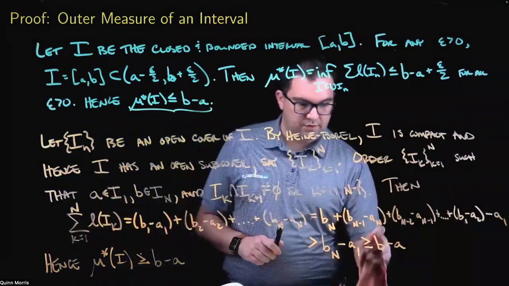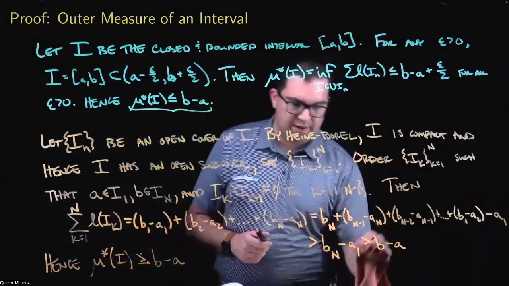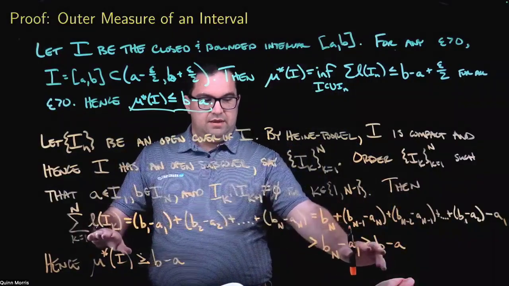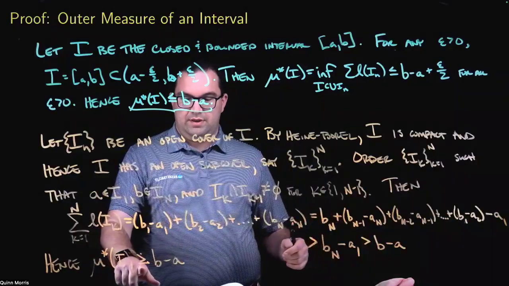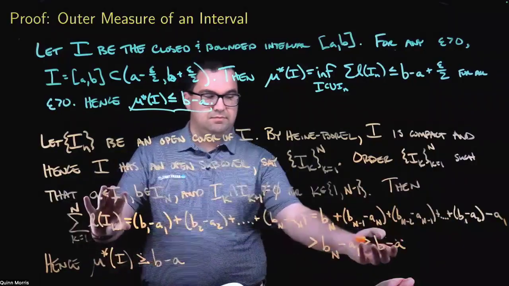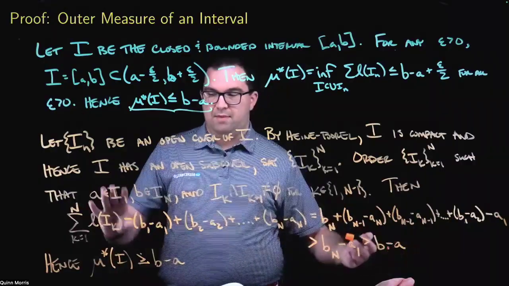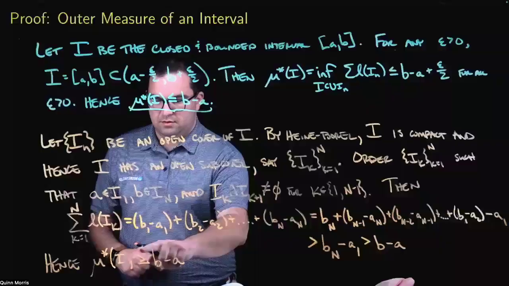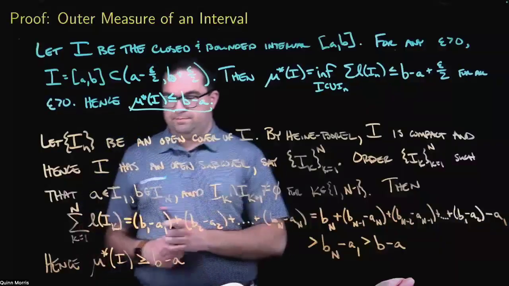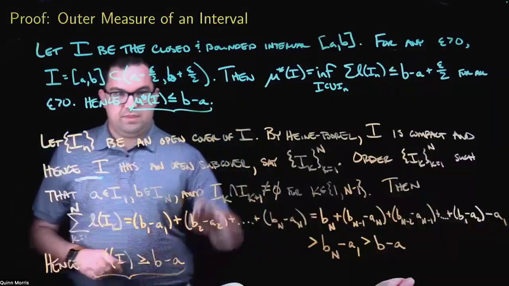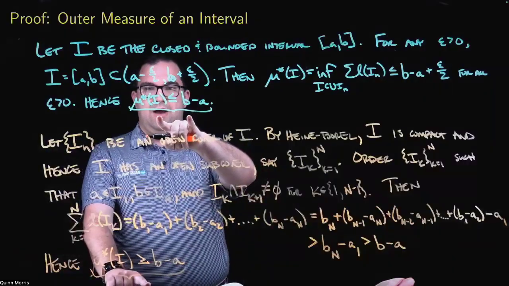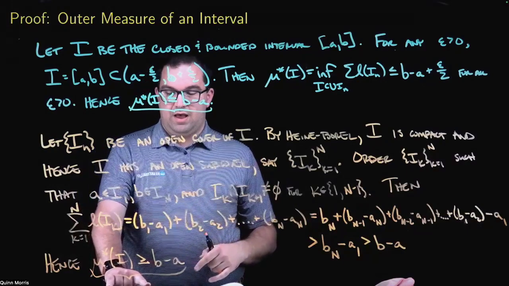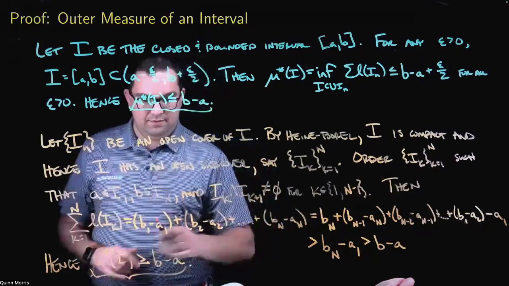And sorry, I should have said here, this inequality is also strict. But remember, the important thing is that even though you have a strict inequality here, you end up with possible equality here. Each of these is bounded below strictly by b minus a, but in the infimum, they could be approaching b minus a. So this has to be greater than or equal to. Well, now I have that the outer measure of I is less than or equal to b minus a, and the outer measure of I is greater than or equal to b minus a.